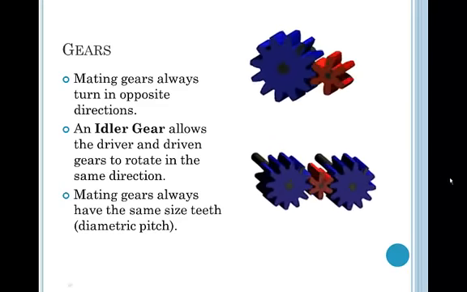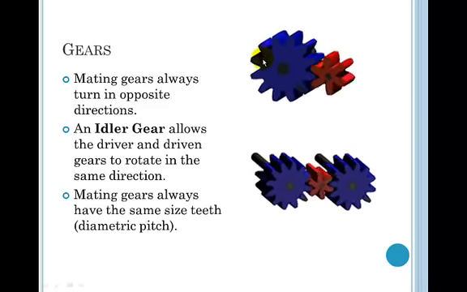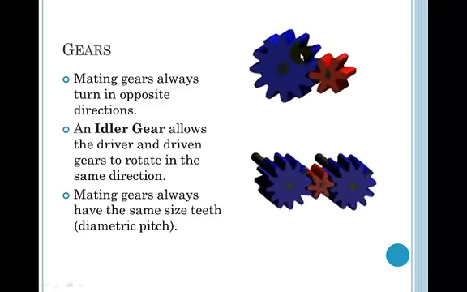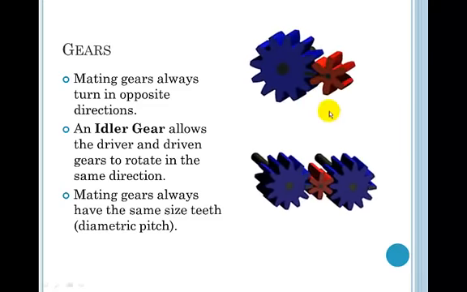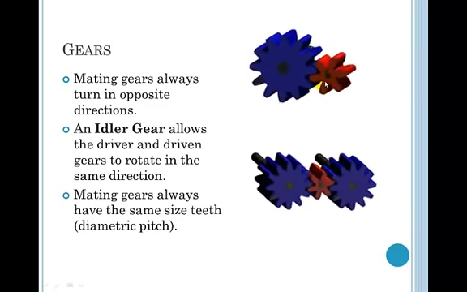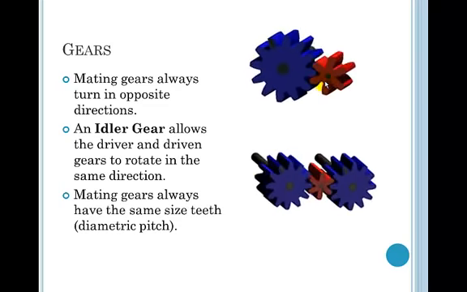So if you look here on the top of the page, you can see that the blue gear is moving clockwise, so the red gear is moving counterclockwise. It will go clockwise, counterclockwise, back and forth through a gear train.